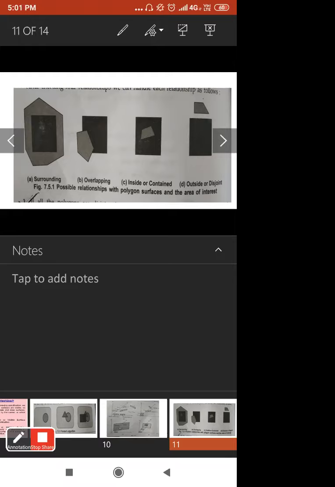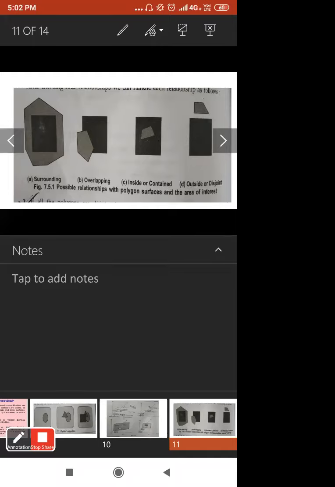This is under the area of our interest, so this is visible. This third one comes under visible face detection. And the fourth case is the outside or disjoint polygon. The polygon is totally outside the area of interest, so it might be visible or not visible. That we have to check by this particular algorithm.